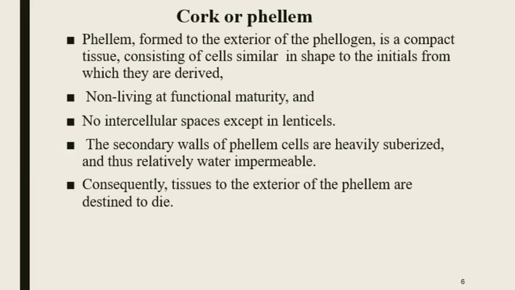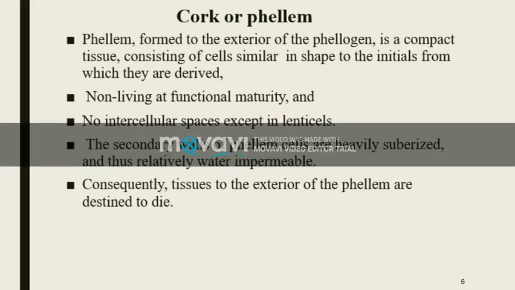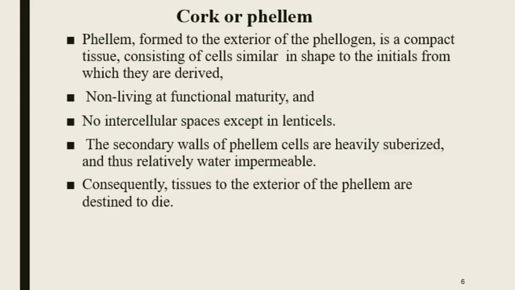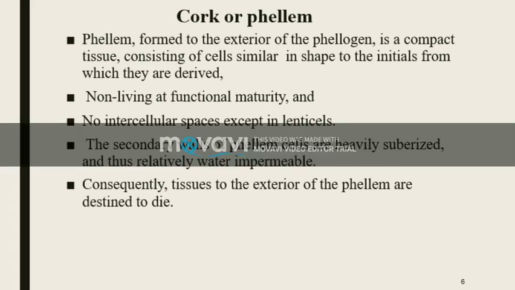The cells are compactly arranged, but at maturity, when the epidermis falls off, some spaces will remain in the cork, and these spaces are called lenticels. The secondary wall of phellem cells is heavily suberized and thus relatively water impermeable.